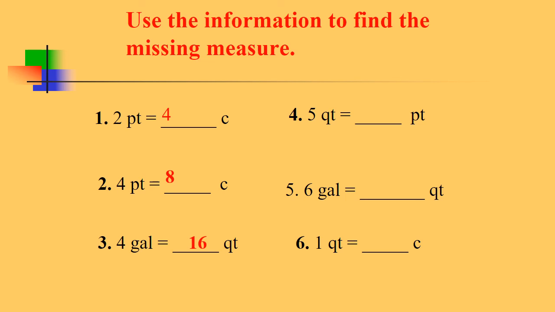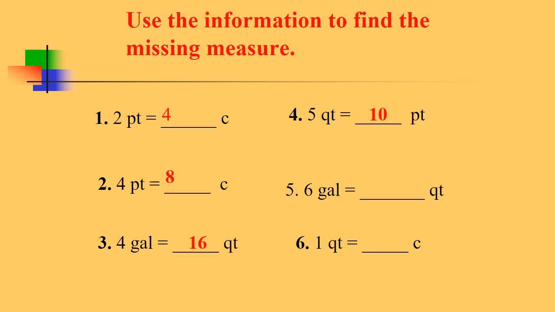So we're going from what? Larger to smaller or smaller to larger. So remember that quart is larger than pint, so we have to divide. So we have 2 pints equal a quart, so we have 2 times 5 equals 10.